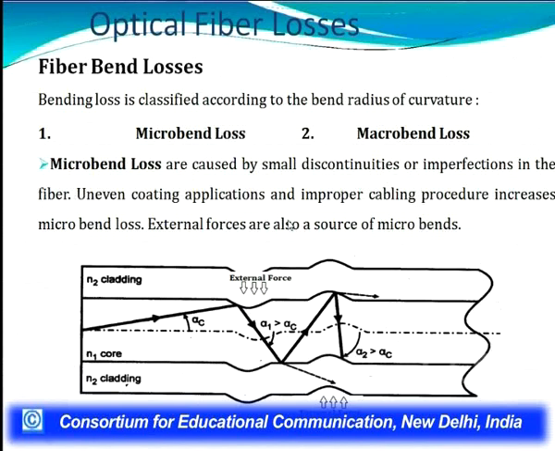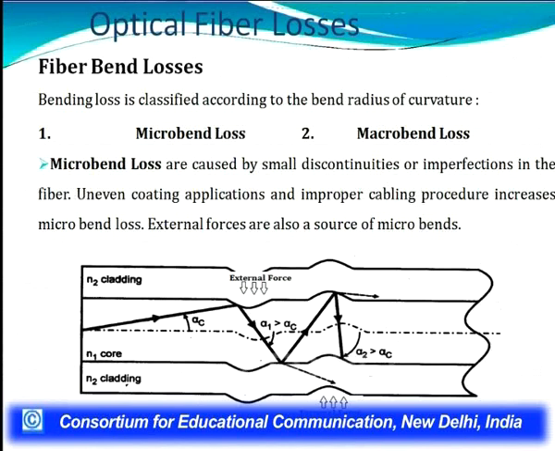Micro bend losses, as we see in the diagram, are caused by small discontinuities or imperfections in the fiber. Uneven coating application and improper cabling procedures increase the micro bend losses.